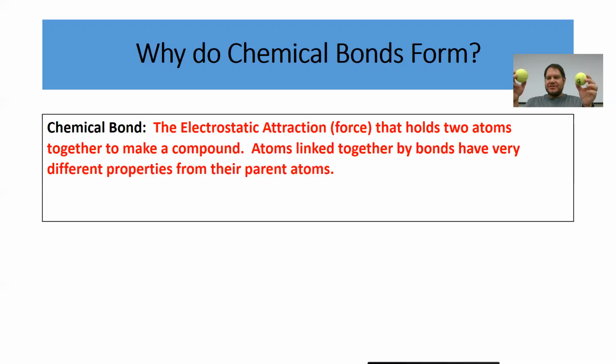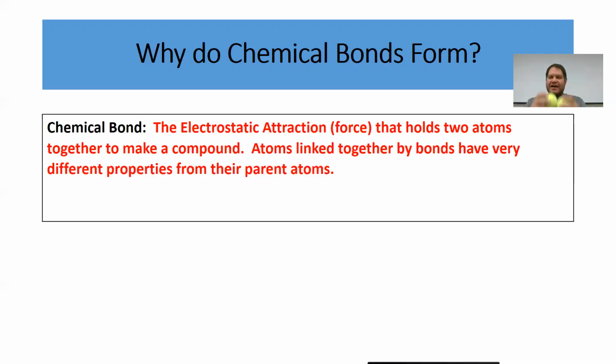So these atoms are going to tend to want to come together, and through an electrostatic force of attraction, they're going to start forming a bond between each other. And so instead of being two separate atoms, they're in a nice bonded structure that begins to form a compound.